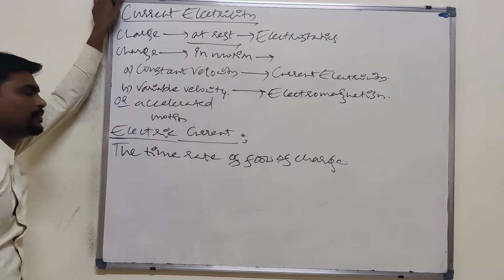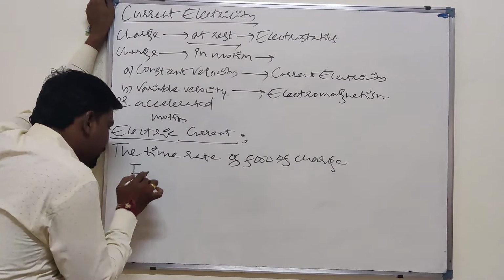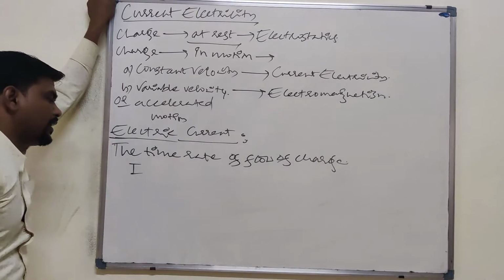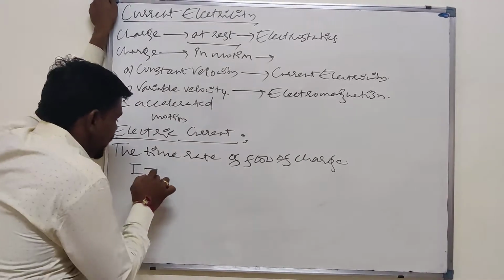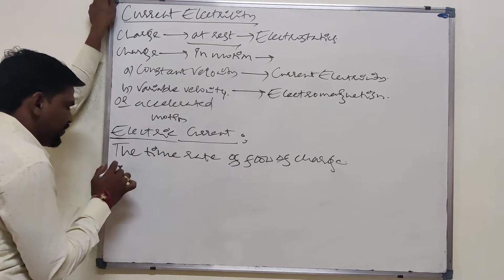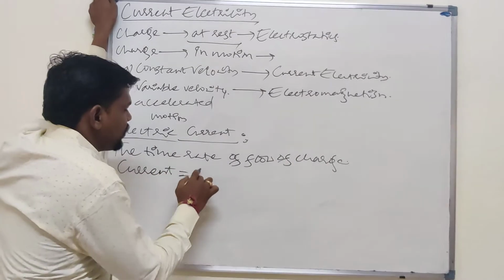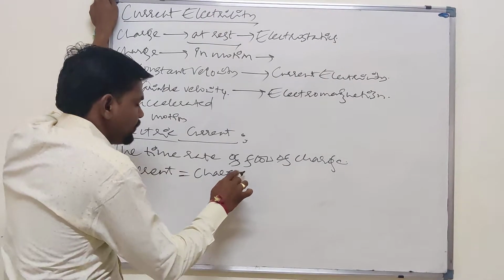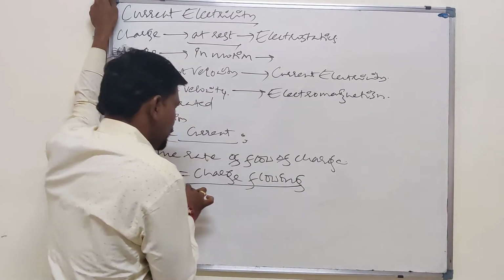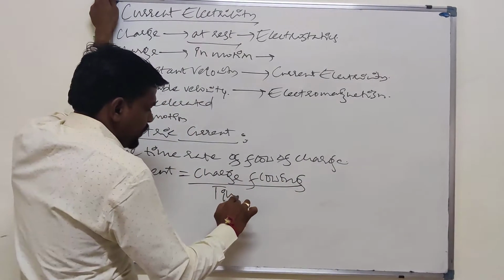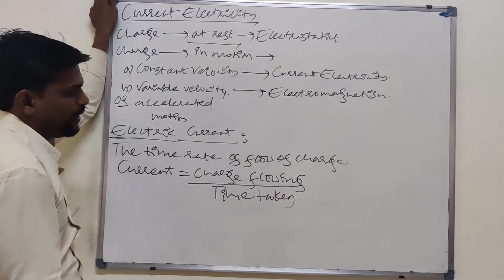Here see, this electric current is denoted by I. So capital or small, either can be used. So I is equal to, I am going to write, current is equal to charge flowing divided by time taken, right?